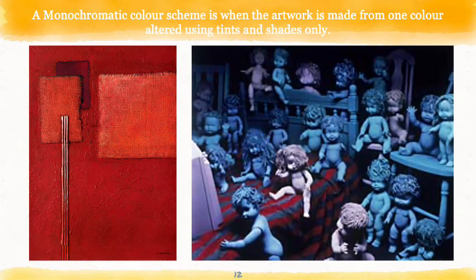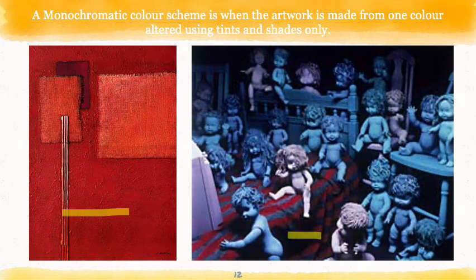And then, for the last one, a monochromatic color scheme is when the artwork is made from one color altered using tints and shades only. So we have here a few examples of monochromatic color scheme art forms. Looking at this painting, we can tell that this color is derived from mostly red with just a few tints and shades.